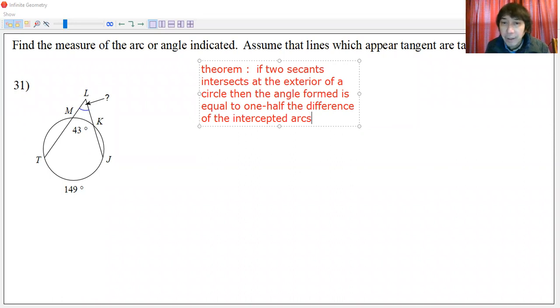Difference. All right, so let's check our spelling. If two secants intersect at the exterior of a circle, then the angle formed is equal to 1/2 the difference of the intercepted arcs. So from our figure, it's the arc TJ minus arc MK, divided by 2.